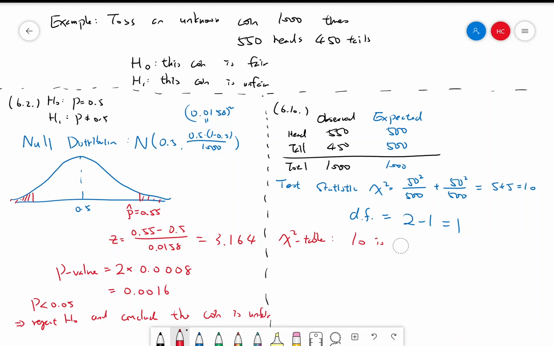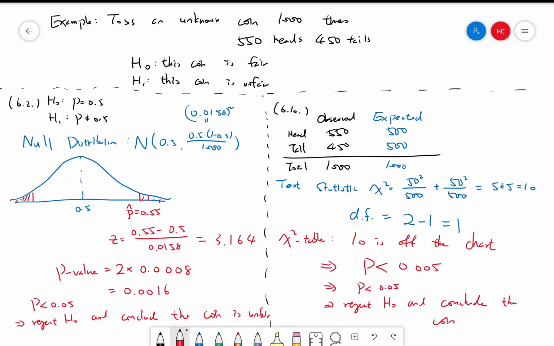It's off the chart. The rightmost value in the chart is 0.005, so this tells you that the p-value is less than 0.005, which is consistent with the method on the left. So in any case, because p is less than 0.05, we can reject H0 and conclude that the coin is unfair.